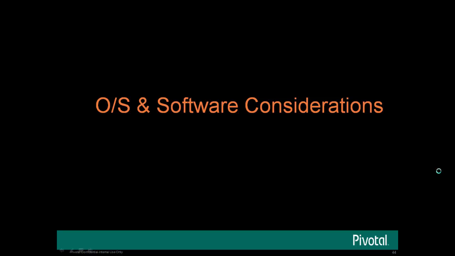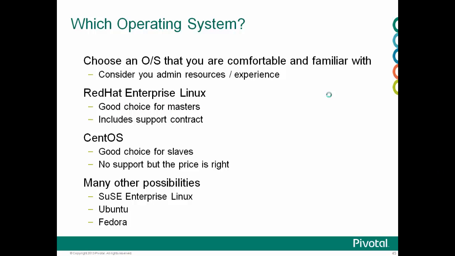Operating systems and software considerations for a Hadoop cluster. The choice of operating system for your cluster is up to you. The recommendation typically is to choose an operating system that you are comfortable and familiar with, based on the experience and resources of the administrative team.